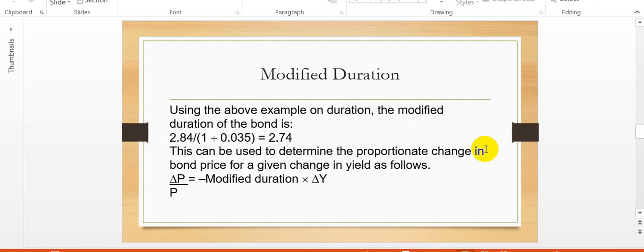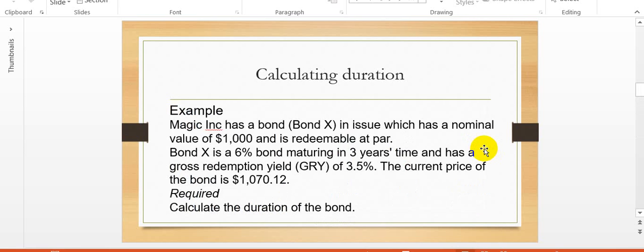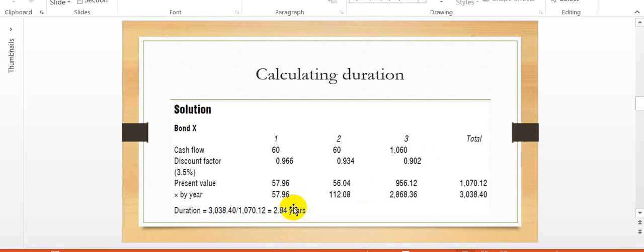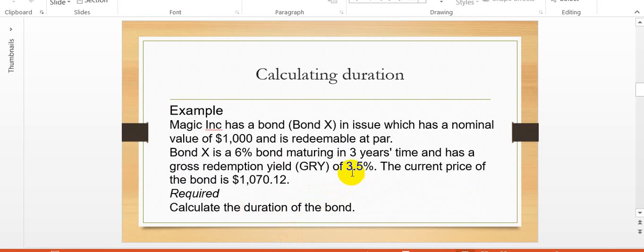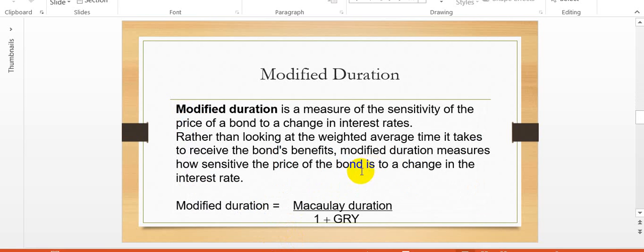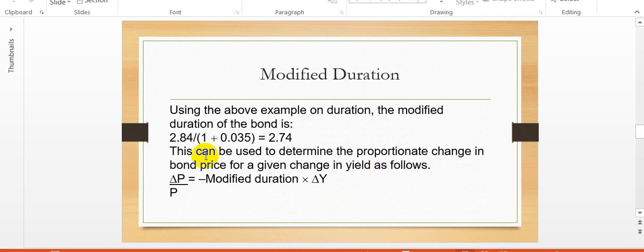The duration in the previous question we got was 2.84. The gross redemption yield was 3.5%. So 2.84 divided by 1.035 gives us a modified duration of 2.74.